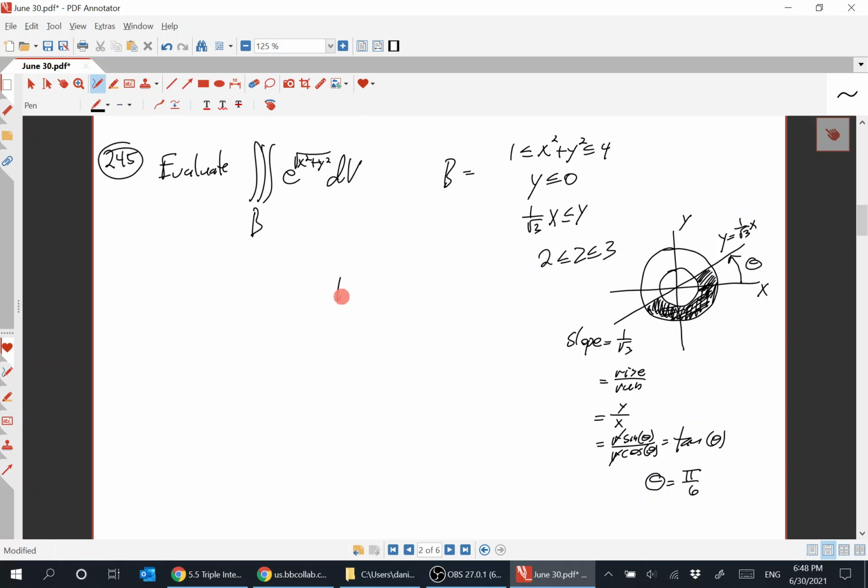Described in terms of polar coordinates, theta goes from pi over 6 all the way to pi plus pi over 6, because this is pi over 6 as well. So that's pi over 6 to 7 pi over 6. And then r goes from 1 to 2, and z goes from 2 to 3.